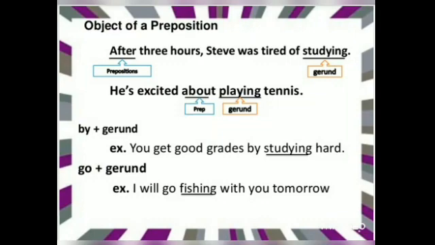My mother is fond of gardening. Here of is the preposition and gardening acts as the object of the preposition. We can't live without eating. Without is the preposition and eating is the gerund. For example, you get good grades by studying hard.